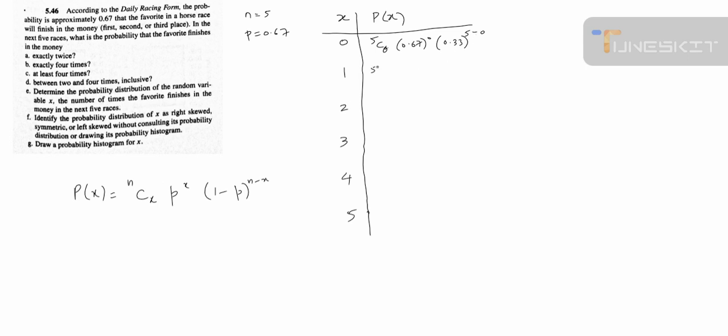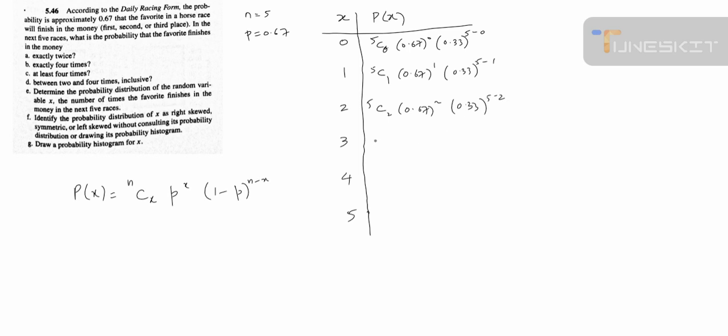Then we have 5C1, 0.67 to the power 1, 0.33 to the power 5 minus 1, that is 4. 5C2, then 0.67 to the power 2, then 0.33 to the power 5 minus 2.